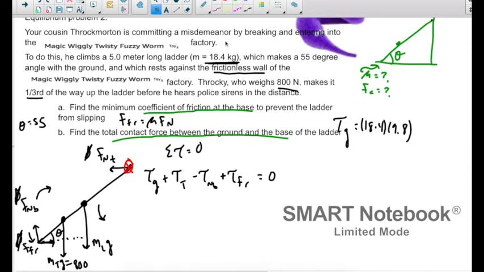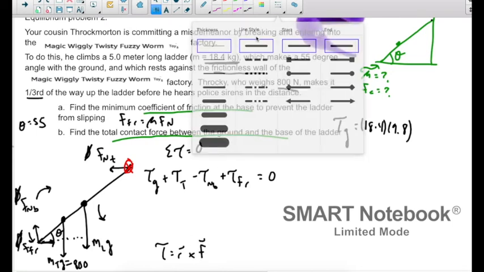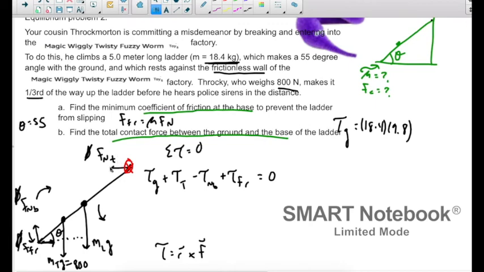And then remember that the definition of torque, once again, is r cross F, where that r vector, I don't need to remind you of this, hopefully, is drawn from the axis of rotation to the point of application of the force. So this would be the r vector for this first one. And I know that the ladder is 5 meters long. So I know the length of this thing.